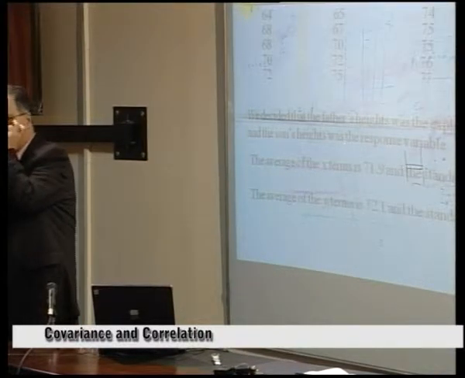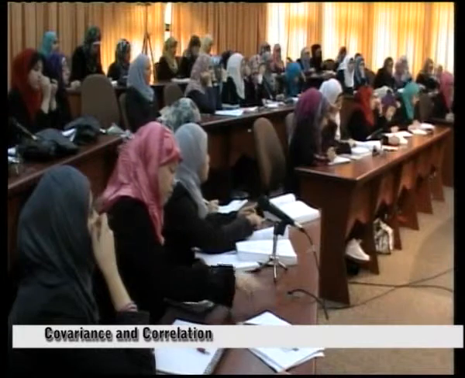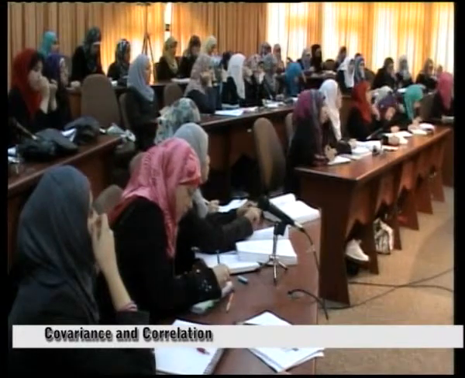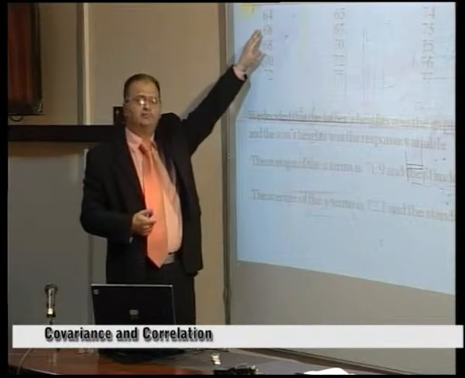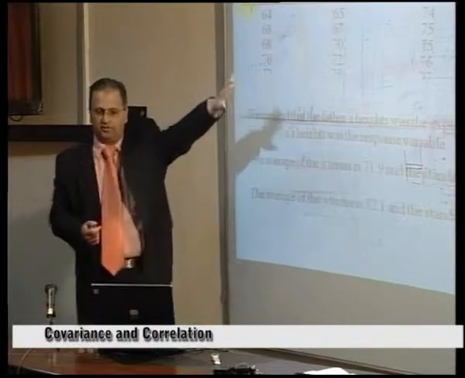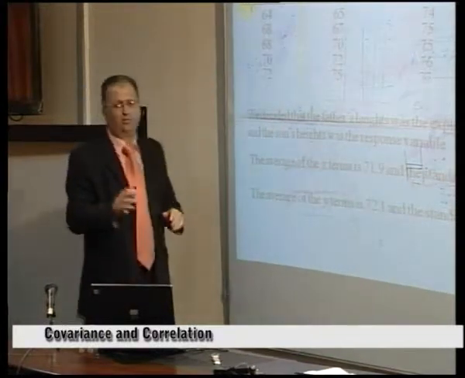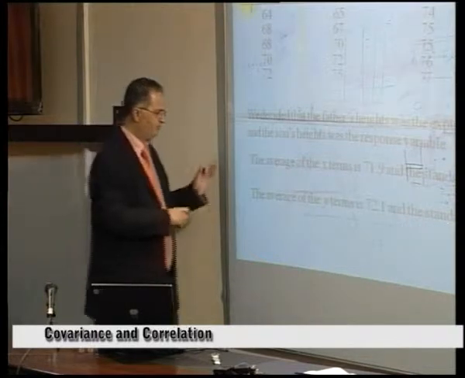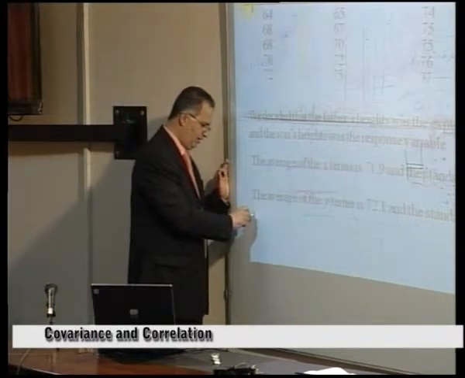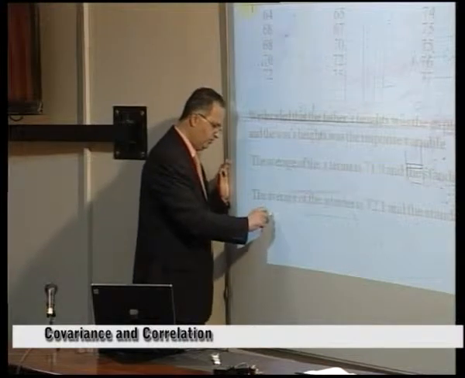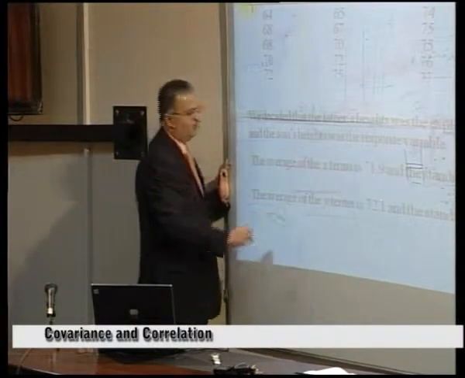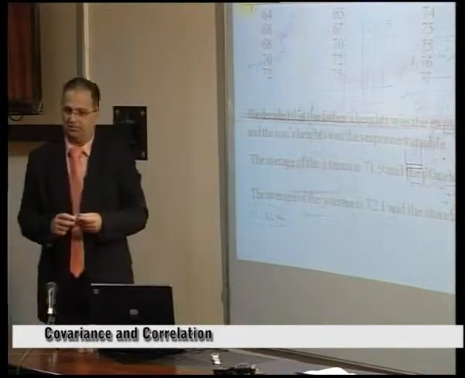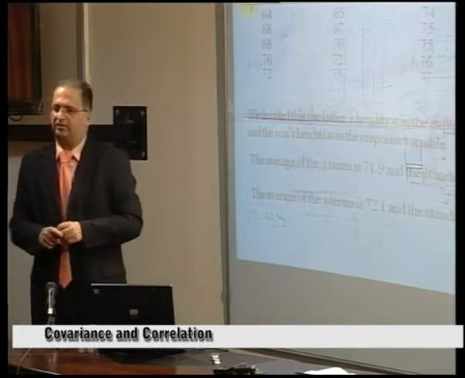So we have data for 10 observations here. Father number one, his height is 64 inches, and you know that an inch equals 2.5 centimeters. So x is 64, son's height is 65.